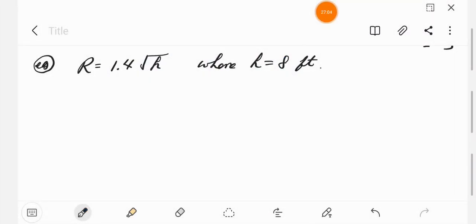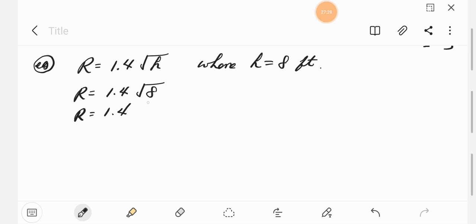Okay, for this application problem, the height is given as 8 feet above the water. Then the range will be the result of this expression. So what you do is replace this h with 8. Then r is equal to 1.4 times the square root of 8. You can use a calculator for this.